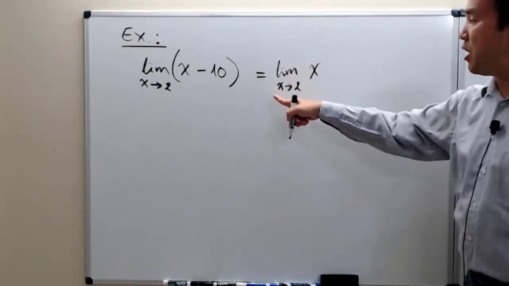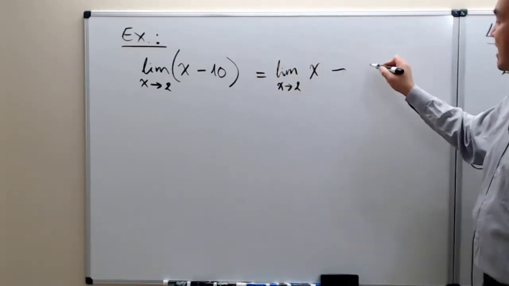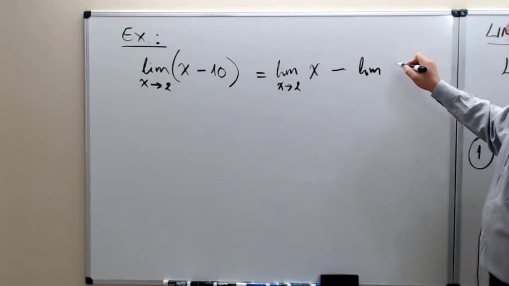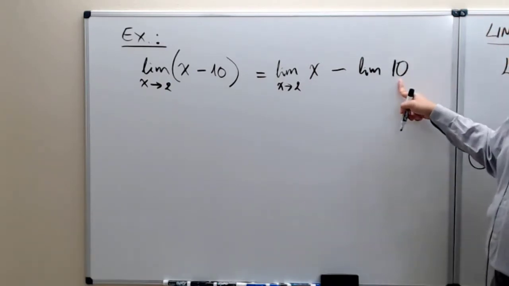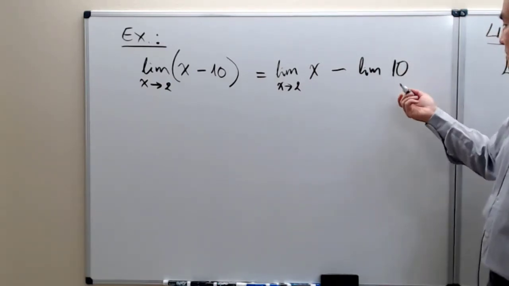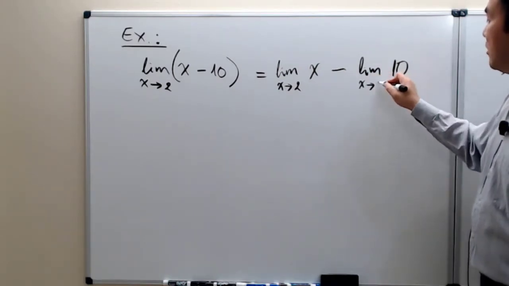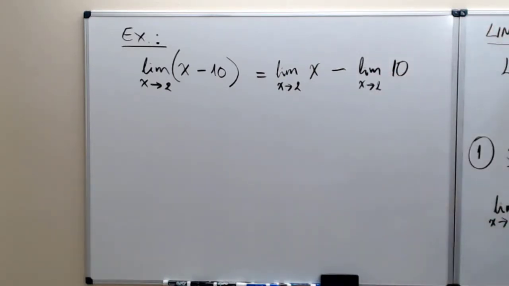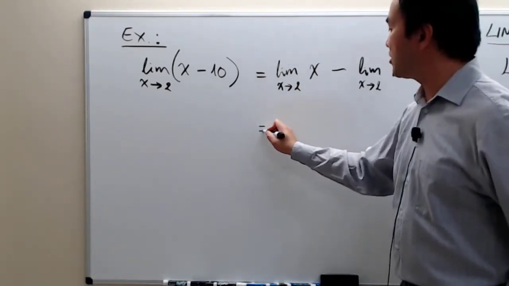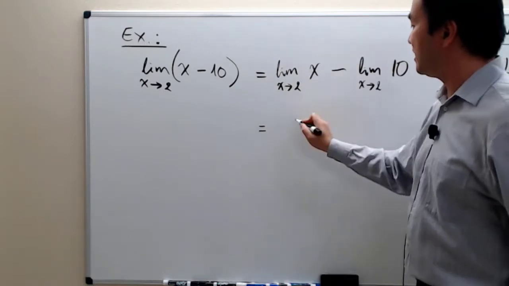Then whatever we know for those limits, we subtract the limit of the other function, which appears to be a constant function. And once again, we're letting x come close to the limit point 2. And once again, we already learned through our special limit that this limit is going to be 2.